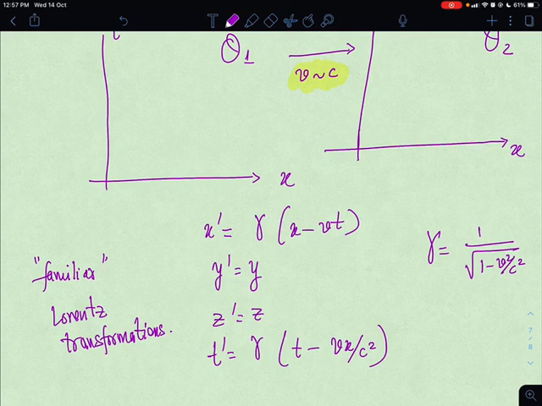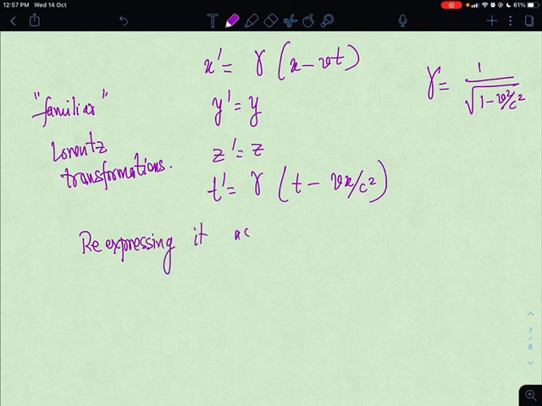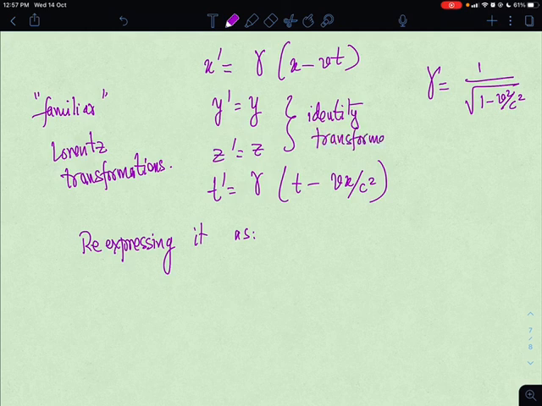So this entire thing can be re-expressed in this particular format. Let's take y prime and z prime as identity transformations, so I don't really care about them. Let's just write x and t.